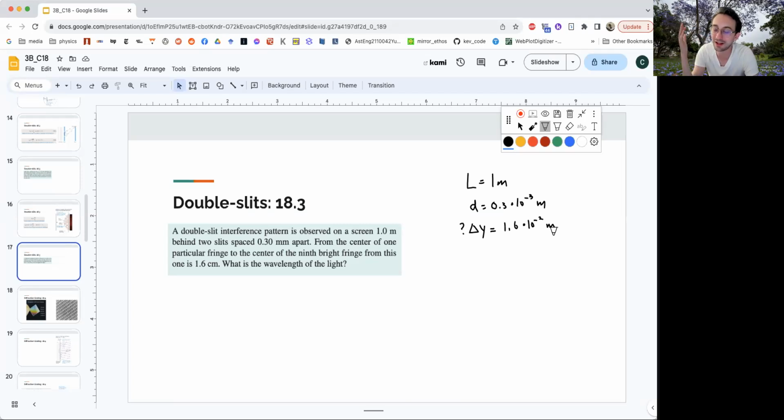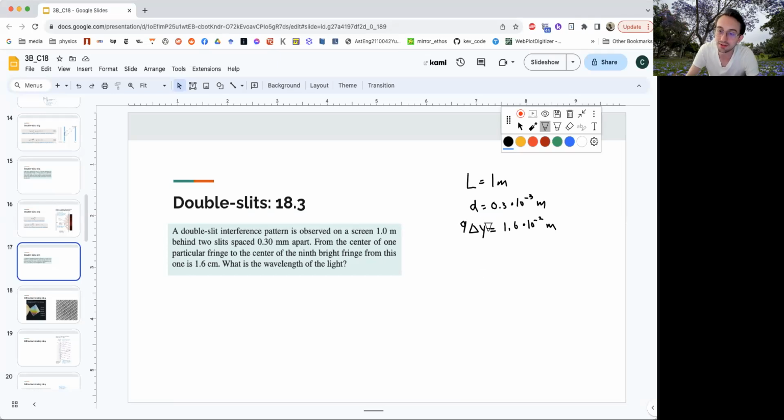They don't tell us any M values, but they tell us that the difference between the M values is 9. So what that means is that this isn't delta y, this is 9 delta y's, because these two interference spots are 9 steps away from one another.